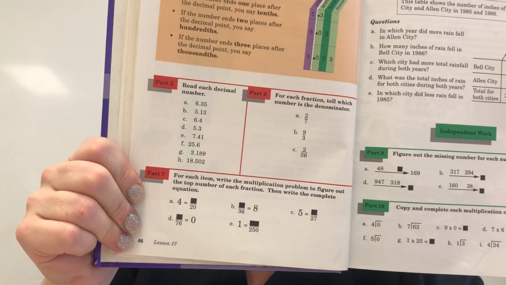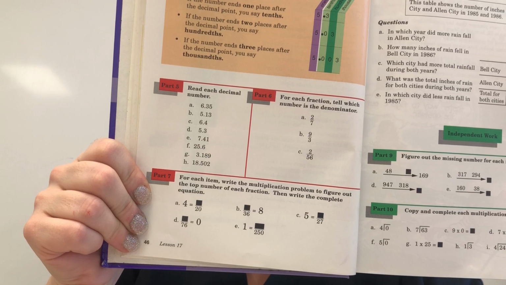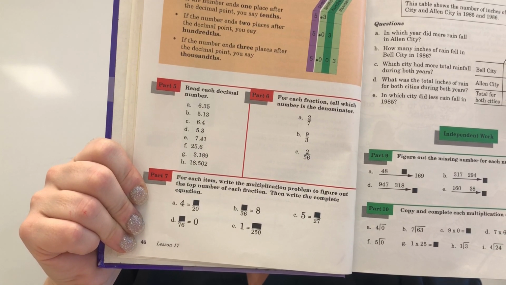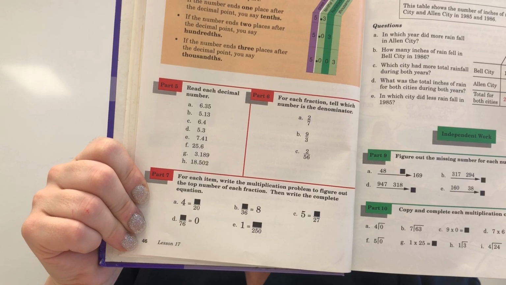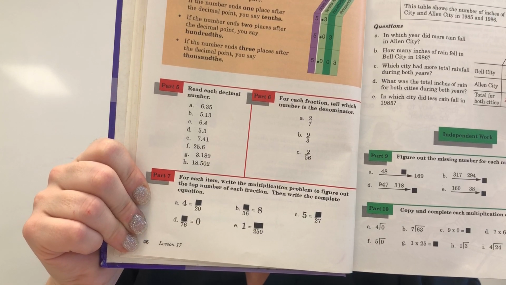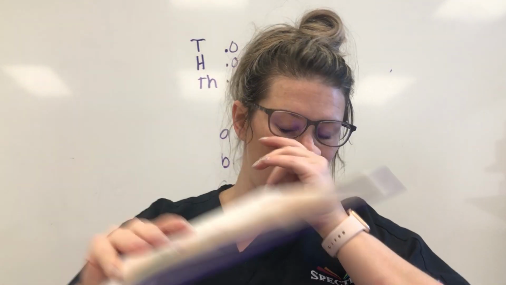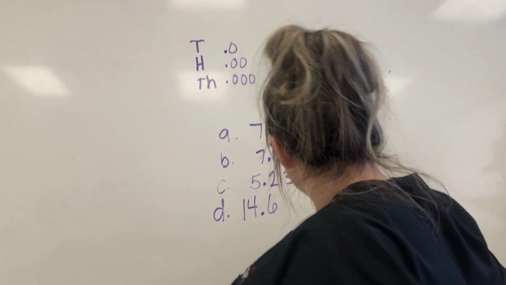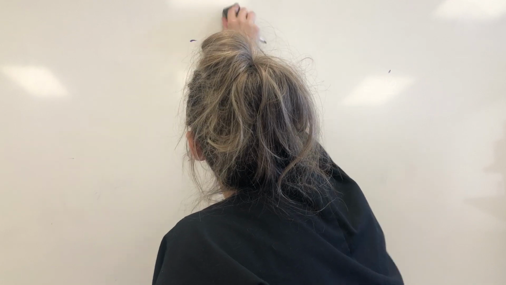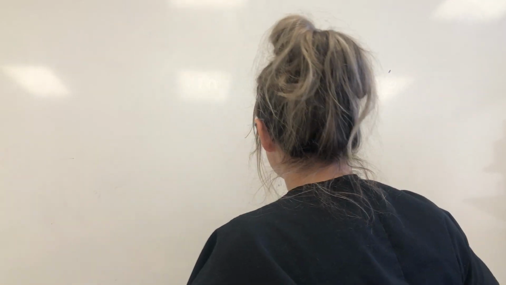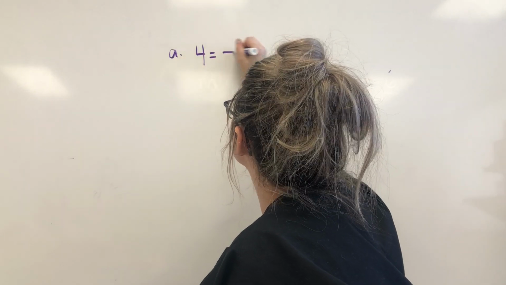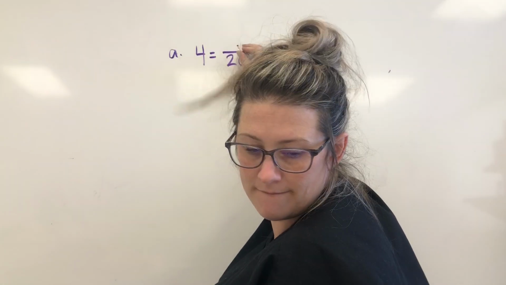Go ahead and find part 7. All these problems show a denominator of a fraction and a whole number the fraction equals. To figure out the top number of the fraction, you start with the denominator and multiply. So, problem A looks like this. 4 equals blank over 20.